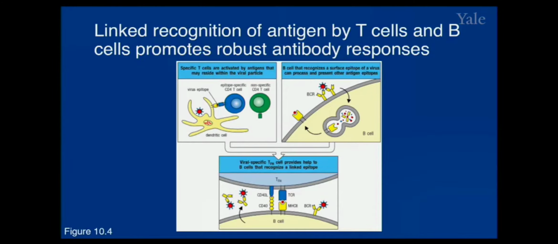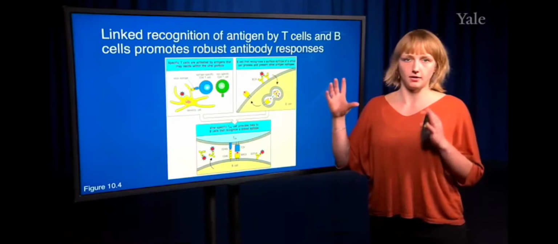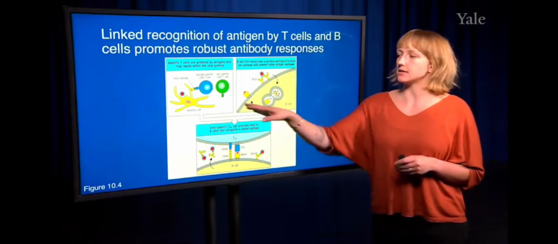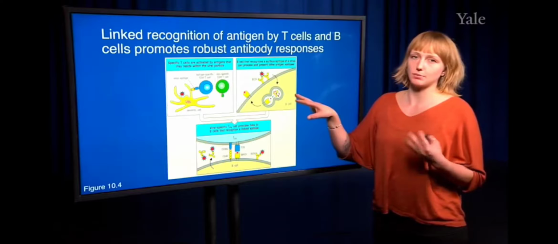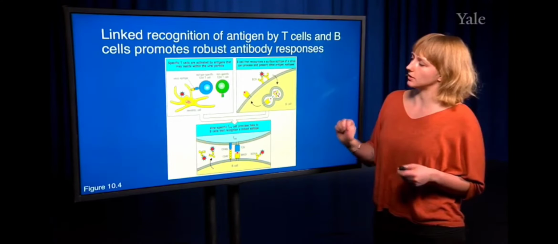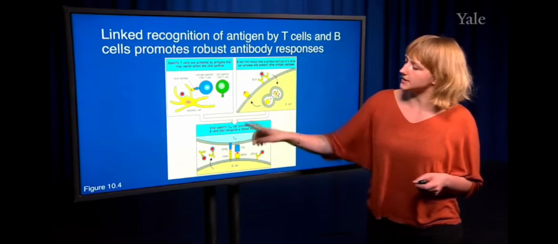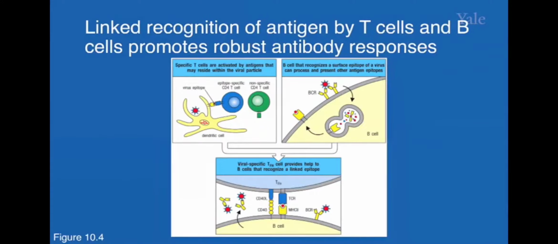This provides a very important link between the B cells that are recognizing the outside of the pathogen and the T cells that recognize the inside of the pathogen. The B cells are presenting MHC class II molecules to CD4 cells, as seen here, which means that the B cells will activate virus-specific TFH cells that provide help to B cells that recognize the linked epitope.